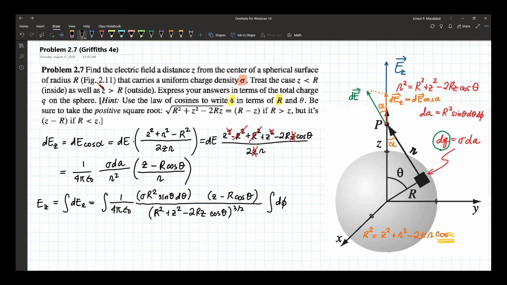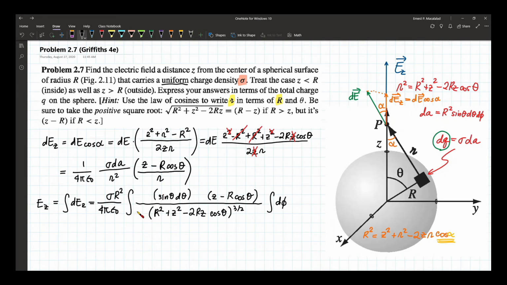Then we can take out this part here, and take the sigma out, because remember that sigma is uniform. So that's a constant, as well as r squared, because r is also a constant. So now we are left with this integral.